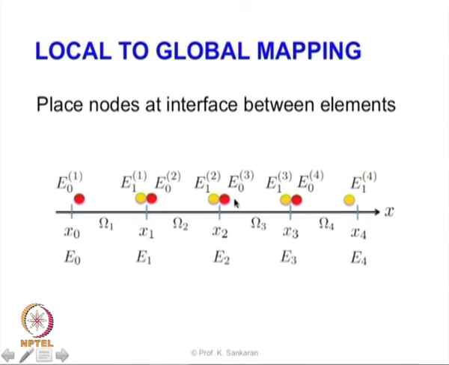So what we essentially do here is, inside each of these physical elements the mapping is done to the reference element. So this element is individually mapped to the reference element, this is mapped to the reference element, this is mapped to the reference element, so on and so forth. While we do that, inside each of the physical elements you have got local degrees of freedom.